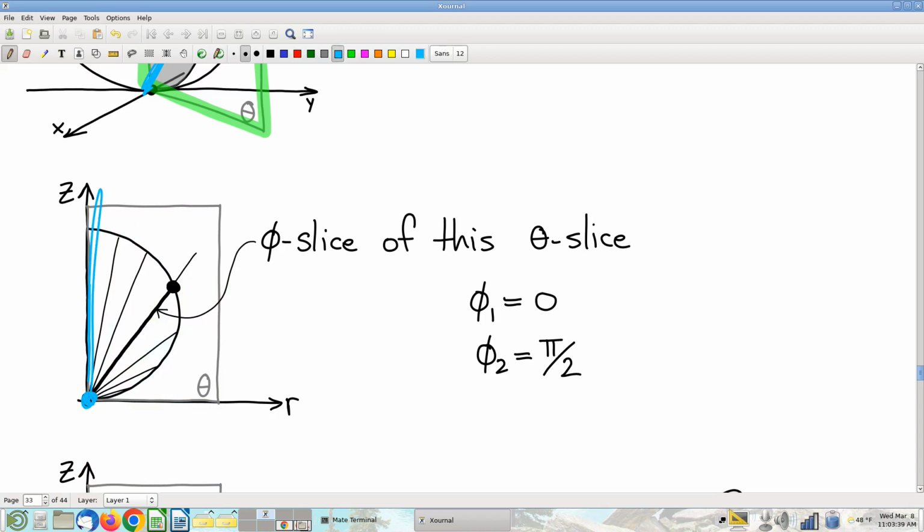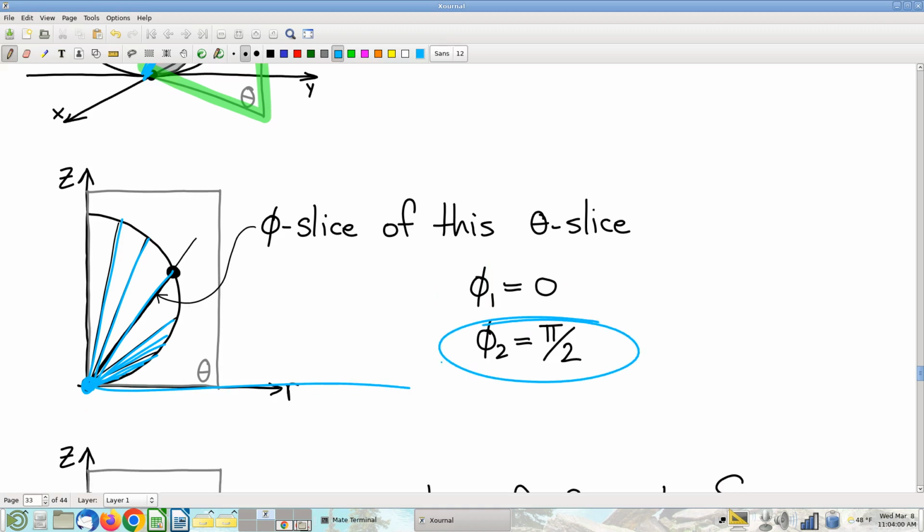And so my first phi slice is 0. And my last phi slice, as I go along here, where you run out, is pi over 2.